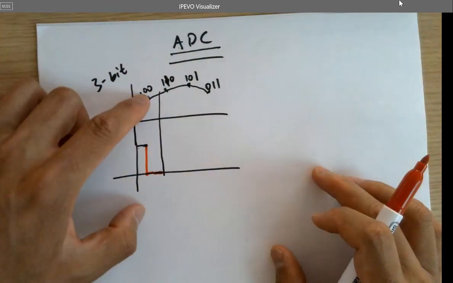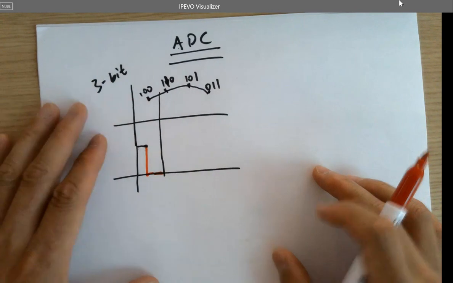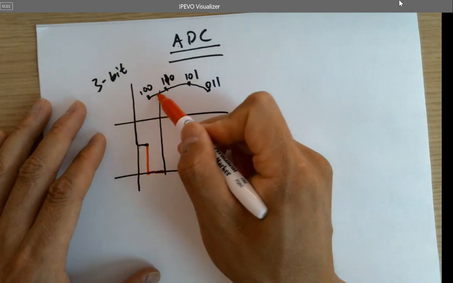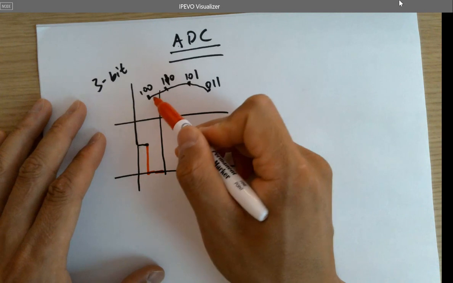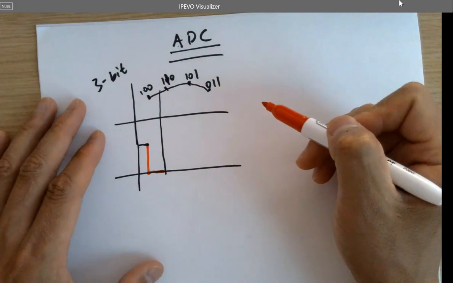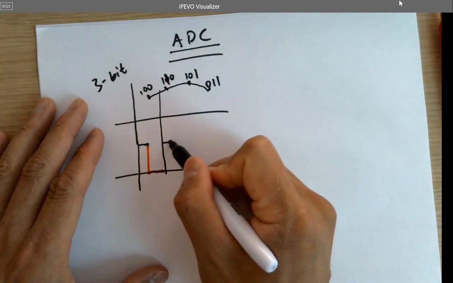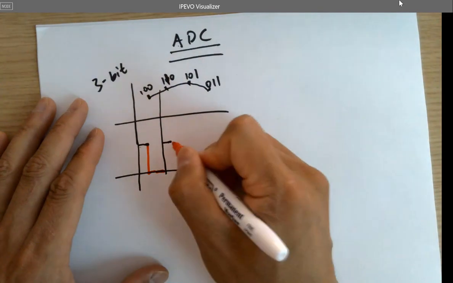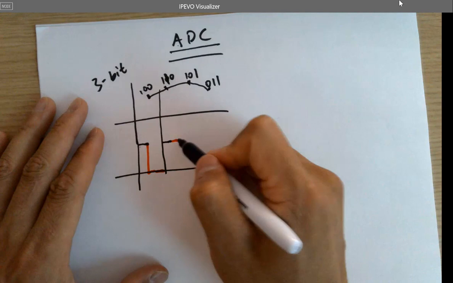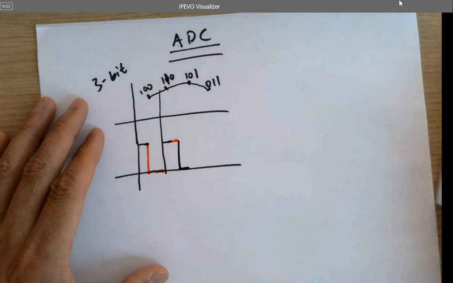So it's going to convert that point into 100 and ignore all the other points on the curve because of the finite sampling rate. For this one, for example, it becomes 1, 1, and 0. Okay, for this period.